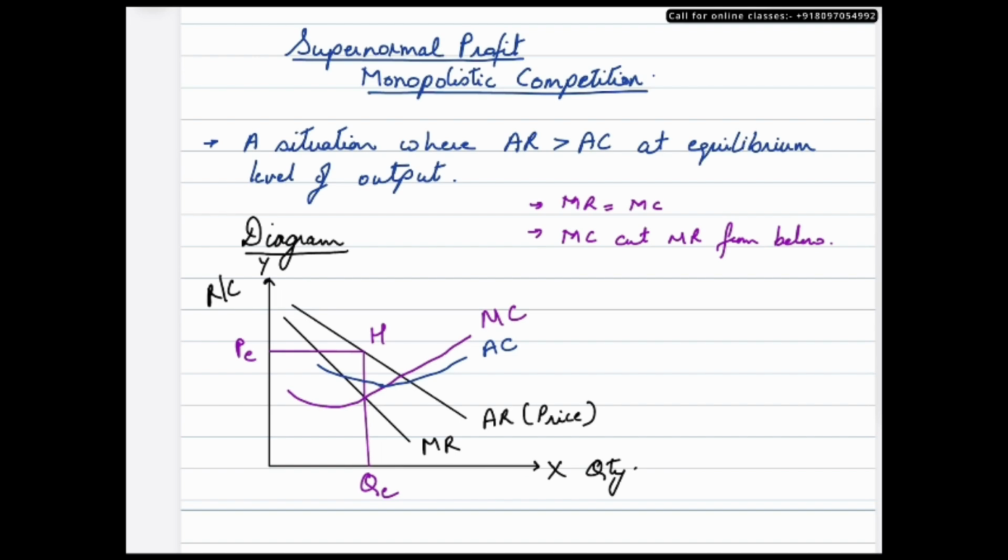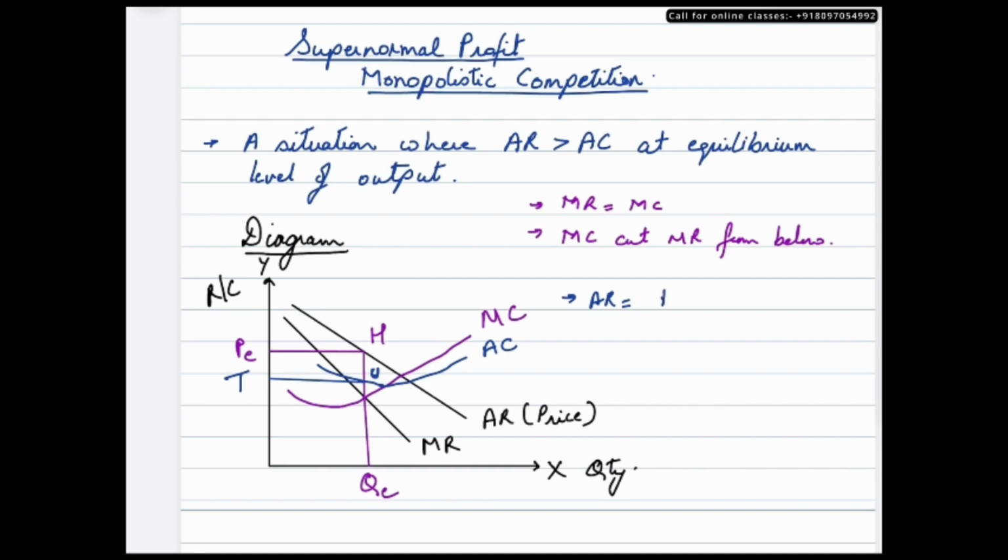I'll be using the same blue color so that we are able to identify. Let us say, I'll name these points as well. So let me call them T and U. So this is point T and this is point U. Alright. So average revenue is equal to how much?